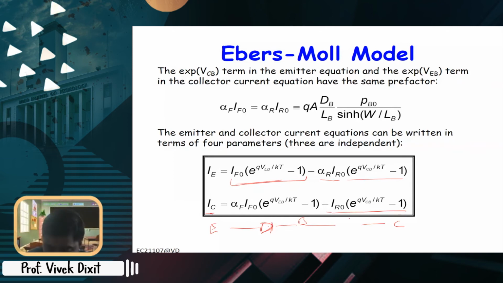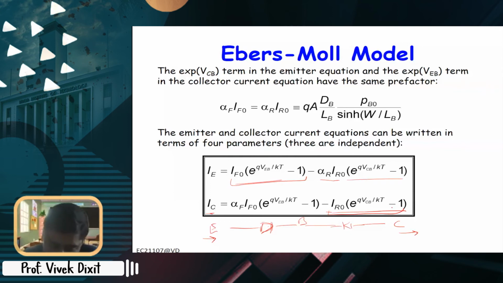And please note the direction of the diode. This is a minus sign, so it will be like this. So this is IE, this is IC. You can also see this is a PN junction, this is a PN junction. So these are the individual components due to the diodes.